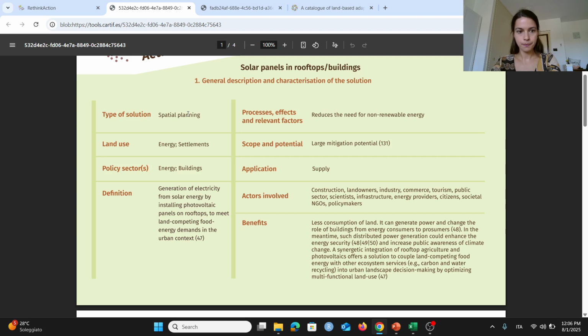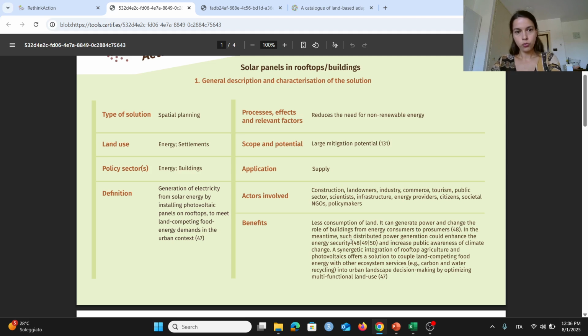In this case, what we can learn from the benefits section here is that this solution can lead to less consumption of land, as it can generate power and change the role of buildings from energy consumers to prosumers.